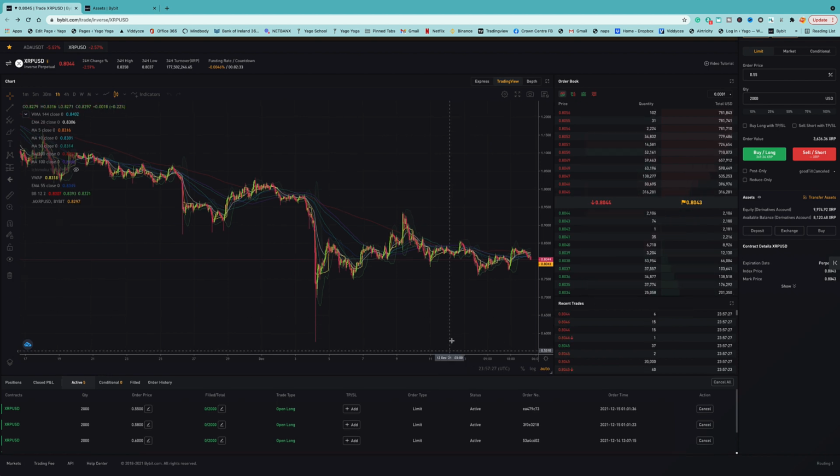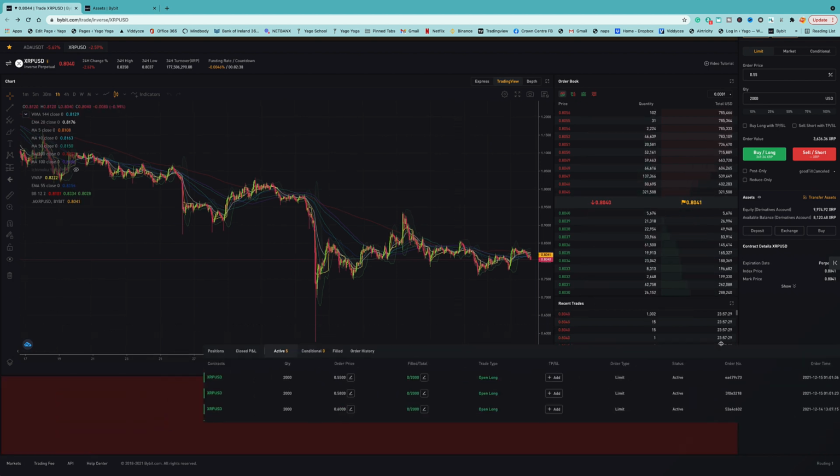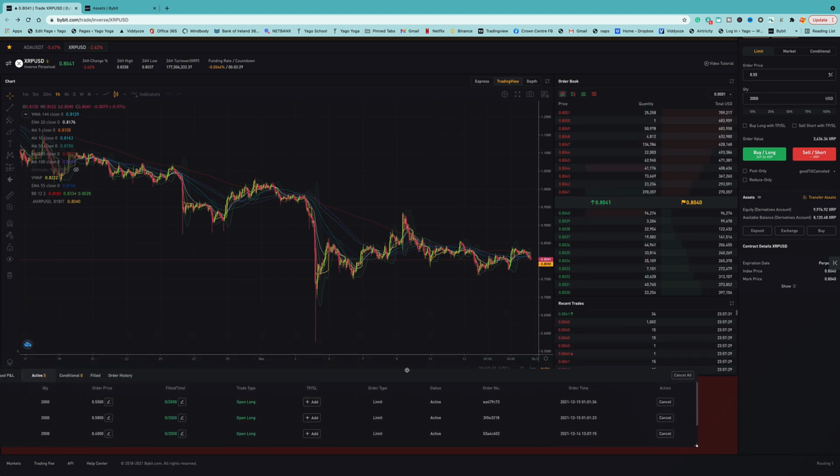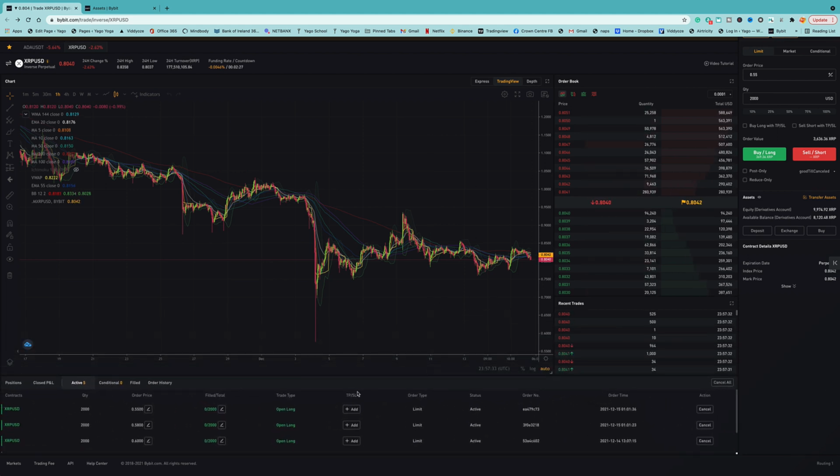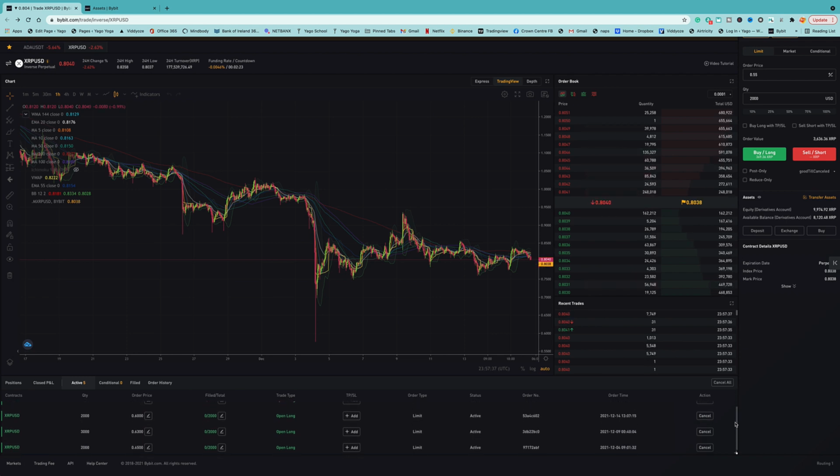Okay. So here's actually the long trades I have in for XRP at the moment.